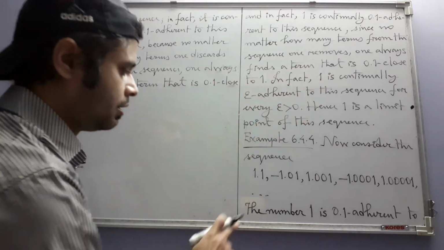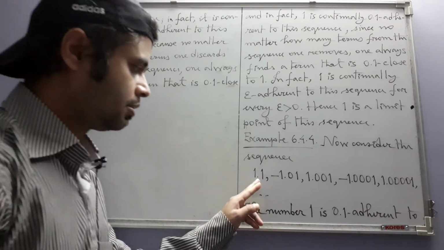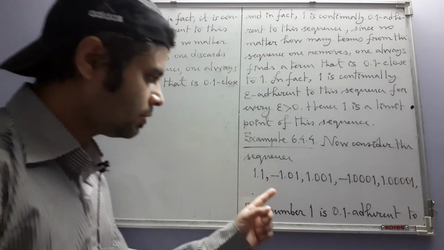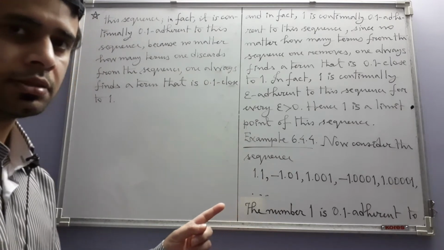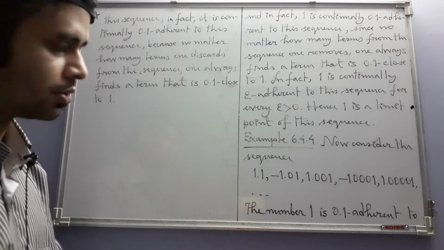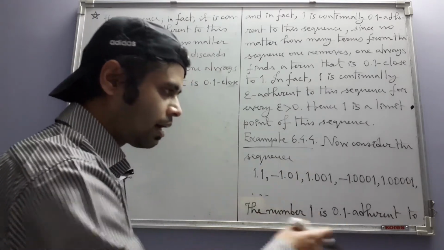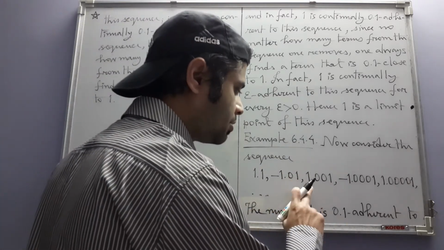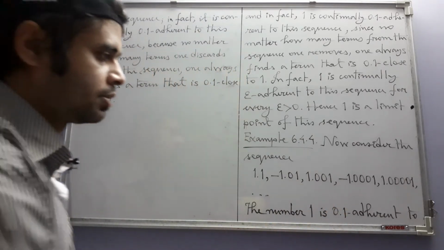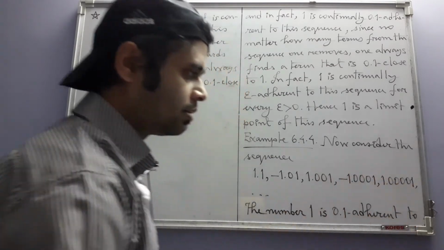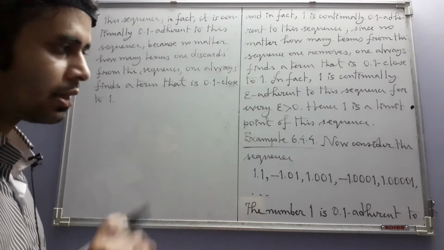You can actually see, and in fact we have seen this once before, why this is true. The difference between 1 and 1.1 is 0.1, of course, but that difference keeps diminishing as you take the other terms. The difference between 1 and 1.001 is 0.001. The difference between 1 and this one is 0.00001. So it is much smaller than the other differences.